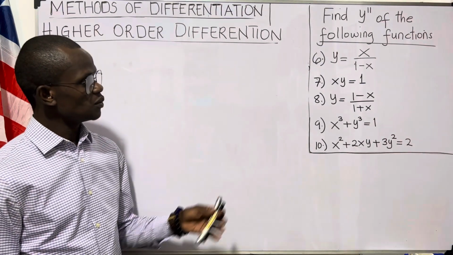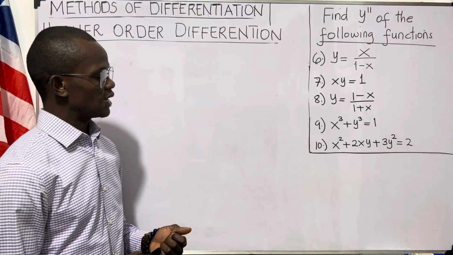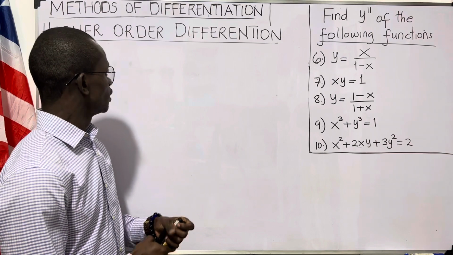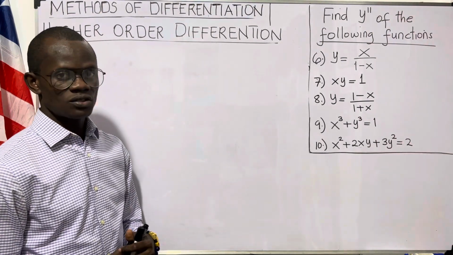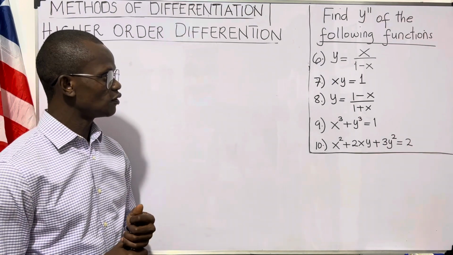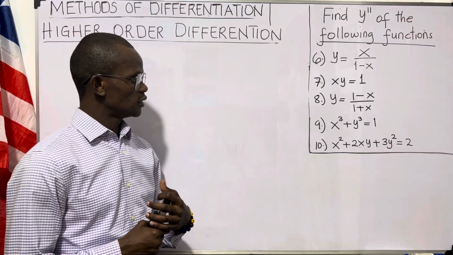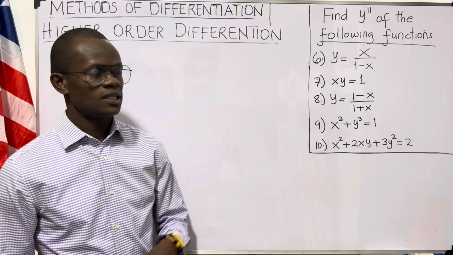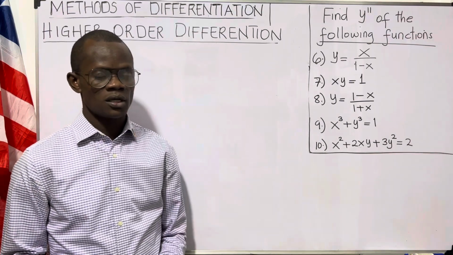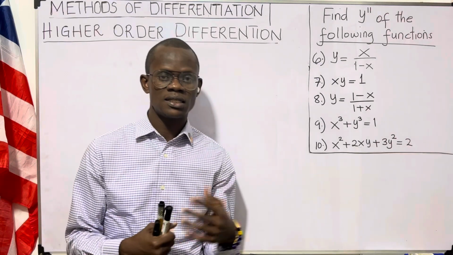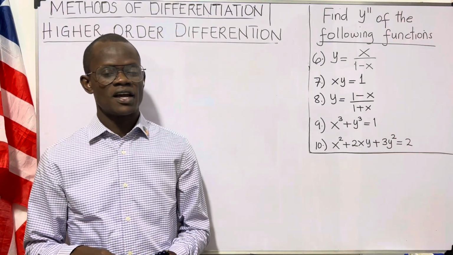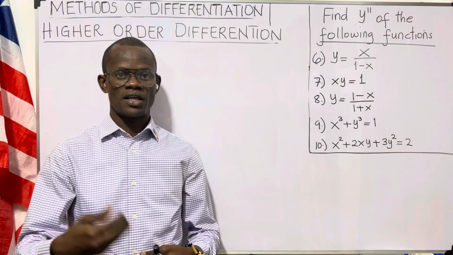In today's lesson, we want to continue with additional problems under higher order differentiation. Like we solved in the previous lesson, we solved the first 5 problems on finding the second order derivatives. So higher order differentiation, as we told you in the previous lesson, is the process of finding the derivative of another derivative.